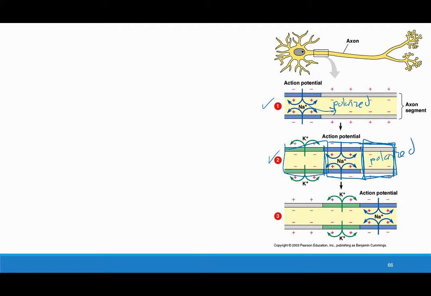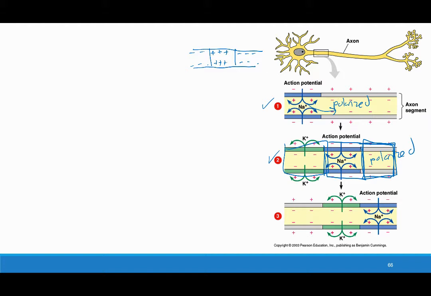One question that you could come across is this: if you have a segment of axon broken up into three, with positive in the middle and negative on either side, could we tell which segment is depolarized, repolarized, and polarized?